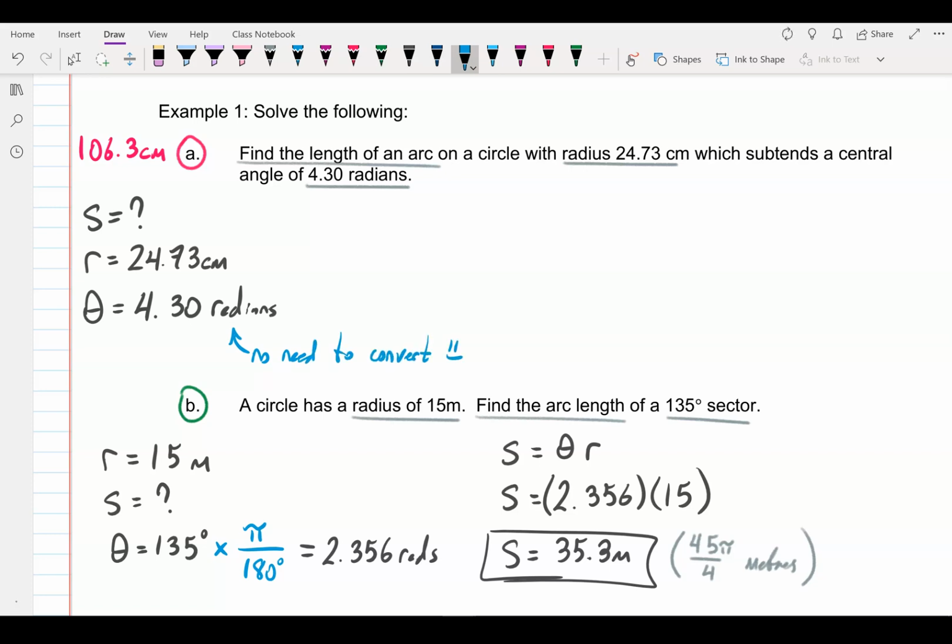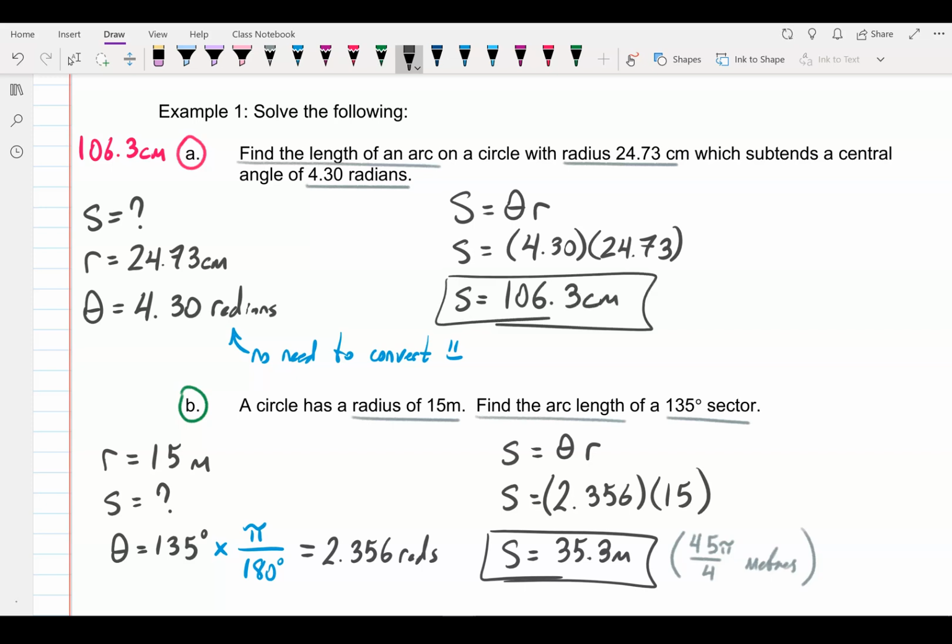Now all you need to do is use your formula. I'll write that out with no explanation. And here we go. This is our final answer, 106.3 centimeters. So you might be wondering, how did you know the units that you had to come out with?